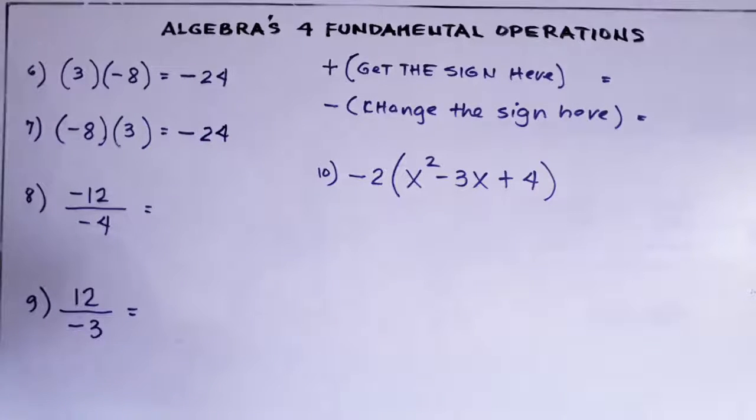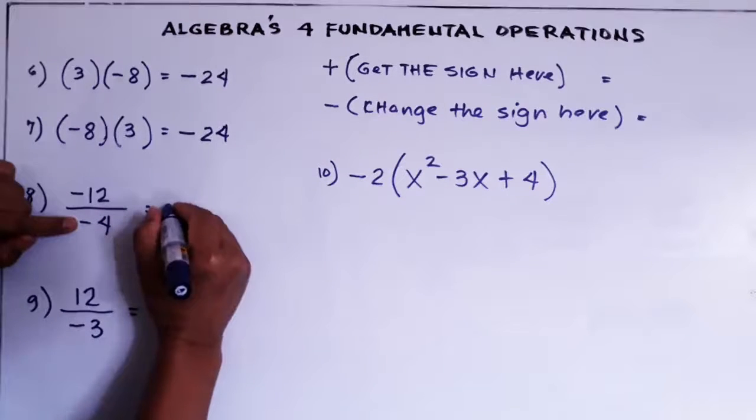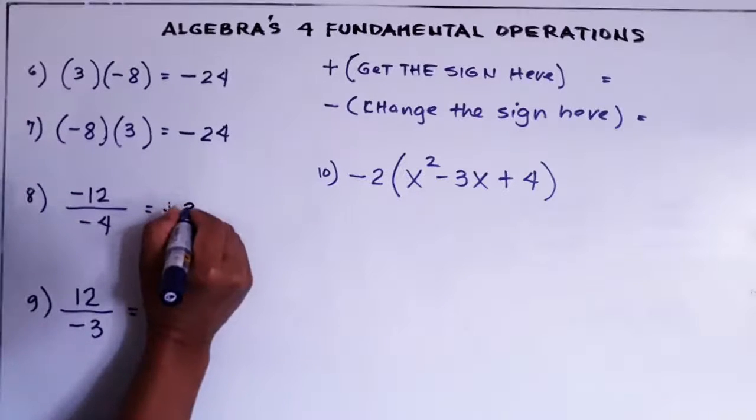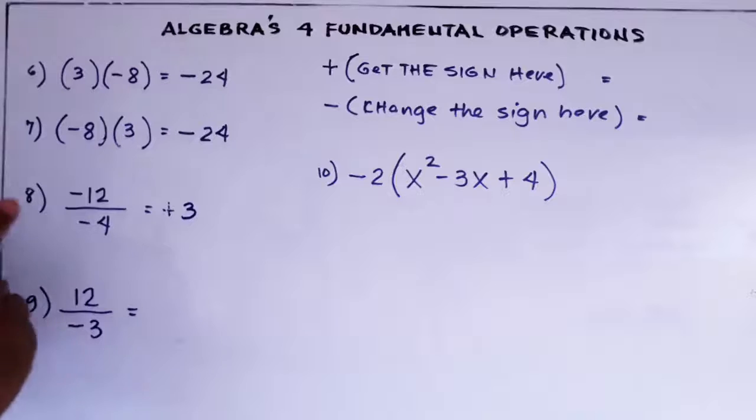Okay, let's have number 8. For number 8, this is the boss, here, up. So what's the sign of the boss? Oh, it's negative. So what will happen to the number down below, the 12? Because this one's negative, it will change into positive. And then 12 divided by 4, you have positive 3.